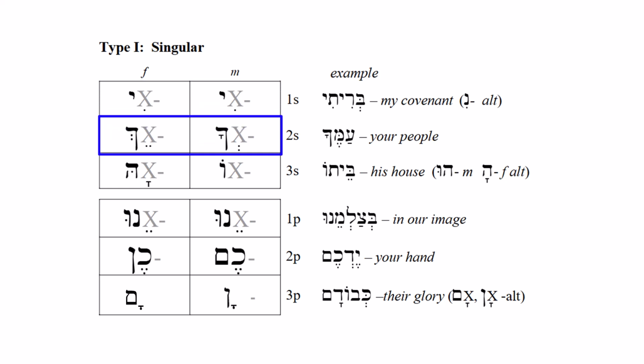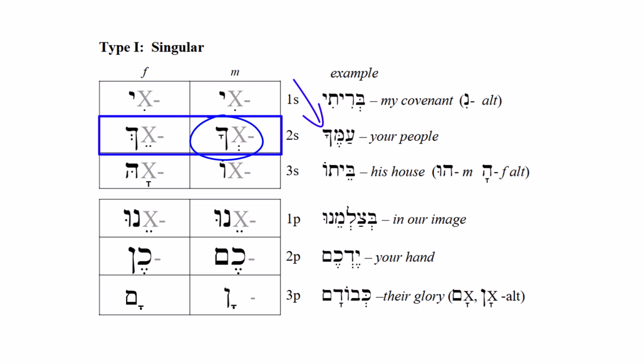But in the second person, you have the kha ending in the masculine and the kh ending in the feminine. So if you want to use the word am, in Hebrew it means people. Am is a Hebrew word for people. So if you want to show possession on the Hebrew word am, you're going to say amecha. That kha at the end is a masculine suffix, as you can see, it's from the masculine.